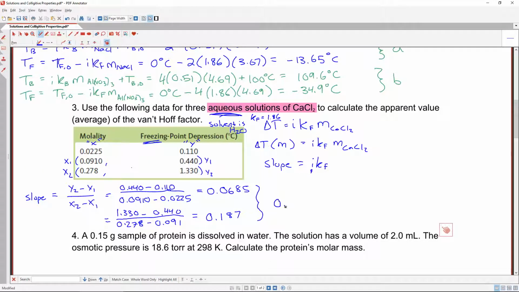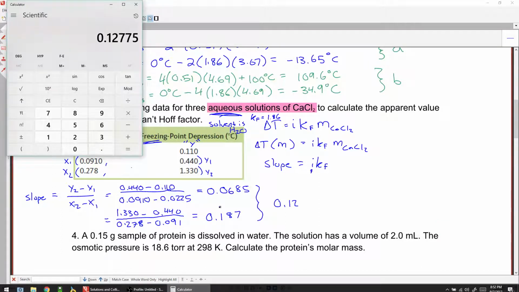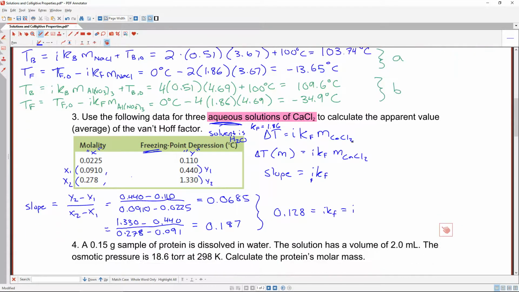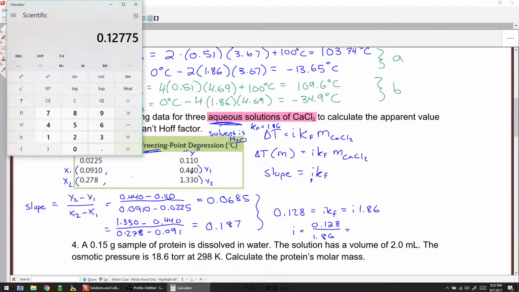Right, so 0.128. Round it off to that. Right, so that's equal to i Kf. Kf, we said, was 1.86. So then our van 't Hoff factor is equal to 0.128 divided by 1.86, which is not an integer.